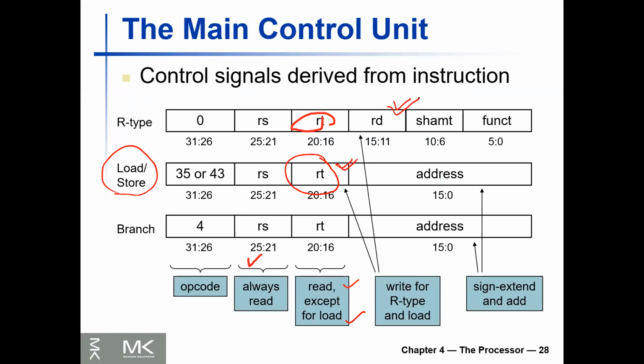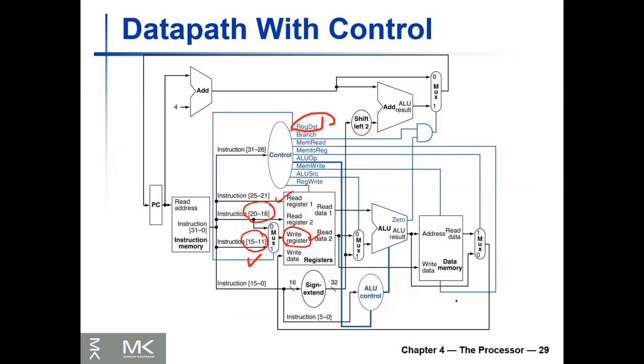Are you getting my point? 11 to 15 will be selected if the instruction is R type to write the register, or if the instruction is load. Basically this one will be the right one for the R type as well as for the load type. So if our instruction is R and load, then it will be the right register. So here is the point.